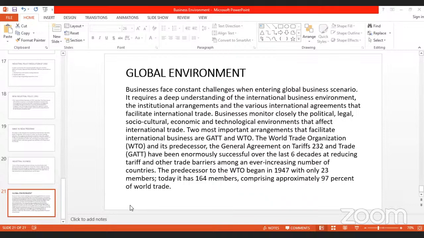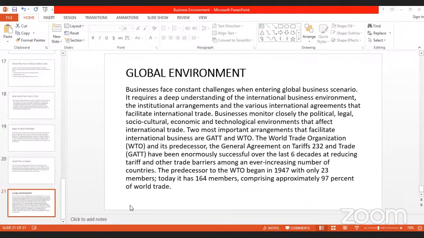So they negotiate the agreement and take care that proper implementation is being done, and a proper research department is also being set up so that proper monitoring is done on the agreement. So that is implementation and monitoring.